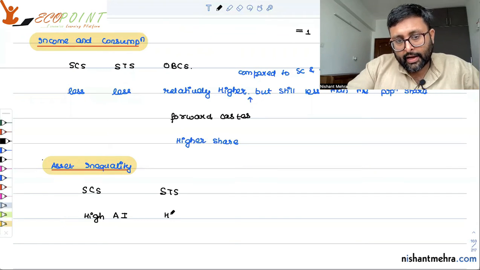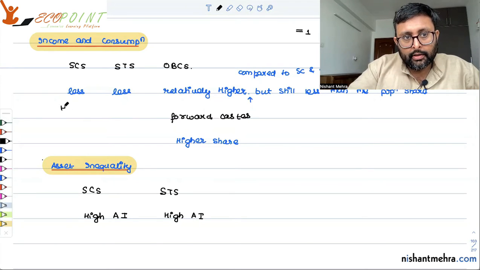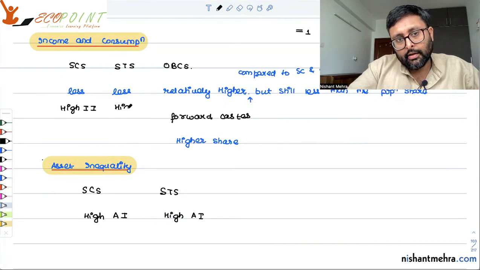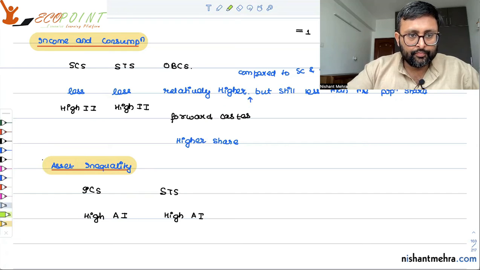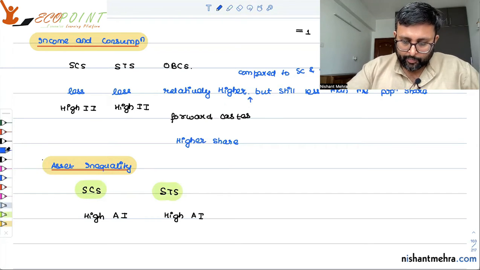They also have high asset inequality. Well, you can also write this thing here. This is having high income inequality. You can write it like that as well.